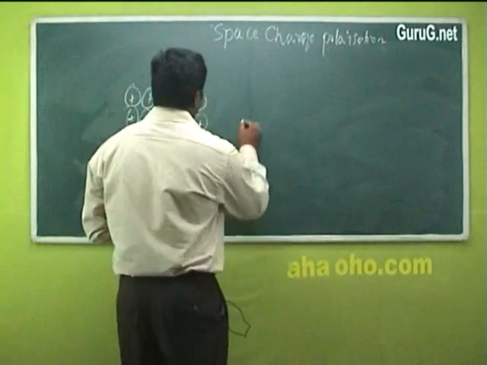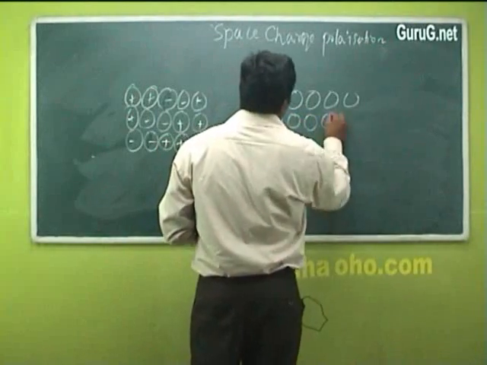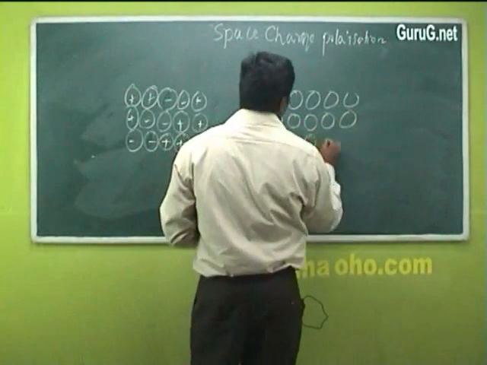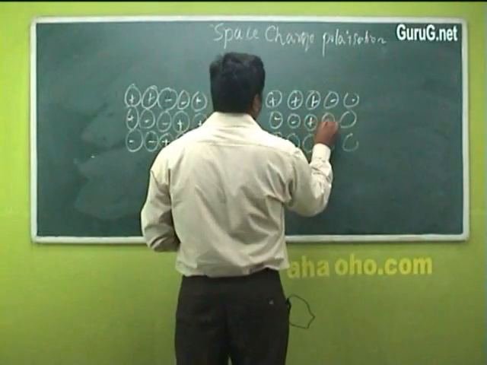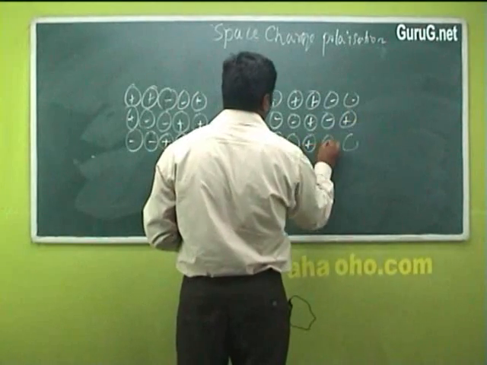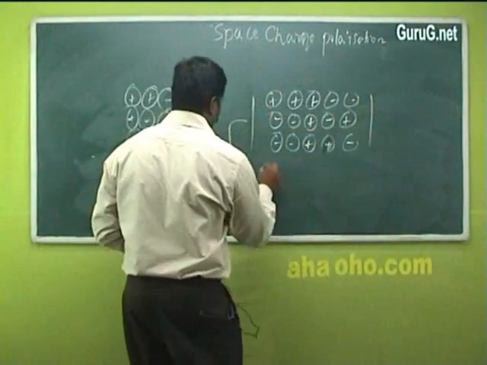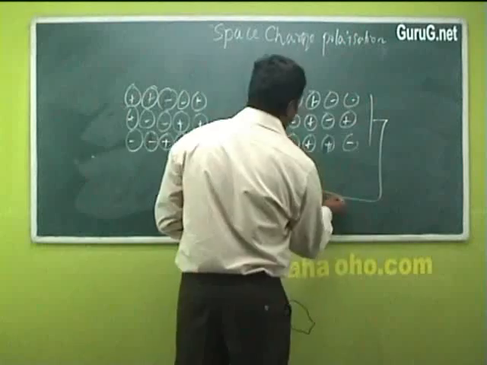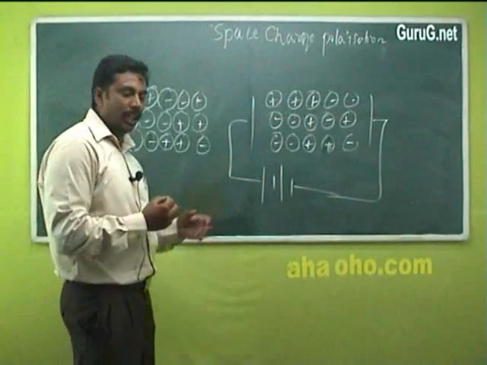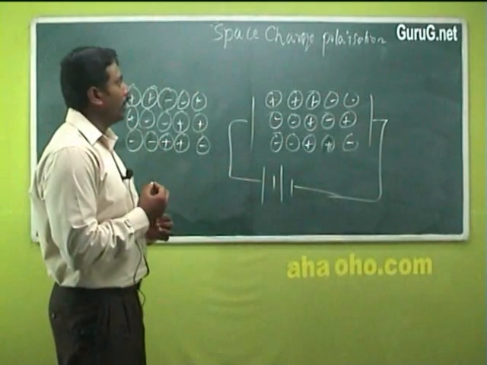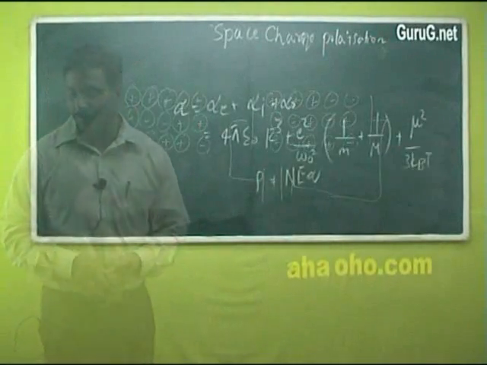Now on the application of the electric field, all the molecules will redistribute or reorient. This type of polarization is called space charge polarization. The space charge polarization is very minimum in all dielectric materials.